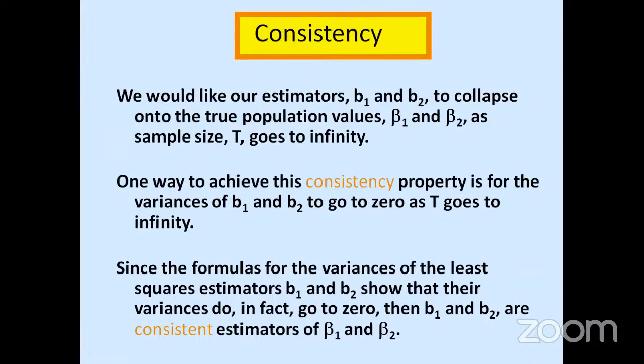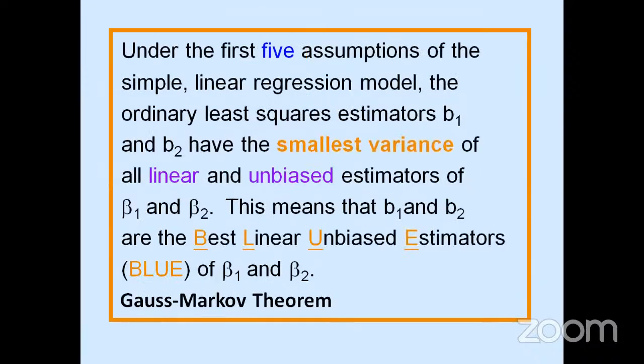Then B1 and B2 are consistent estimators of beta 1 and beta 2. So under all these assumptions of a simple linear regression model, the ordinary least squares estimators B1 and B2 have the smallest variance of all linear and unbiased estimators of beta 1 and beta 2. This means that B1 and B2 are the best linear unbiased estimators, called BLUE, of beta 1 and beta 2.